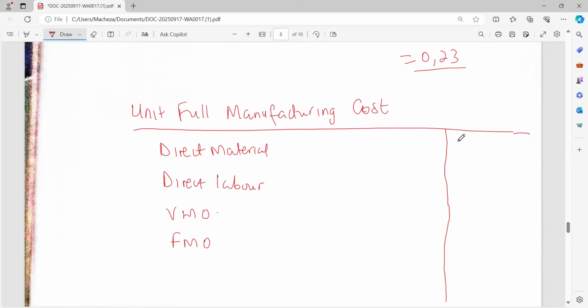The direct labor is 4 Rand 50. The variable we say is 2 Rand 10 cents. So we need the fixed manufacturing overhead.